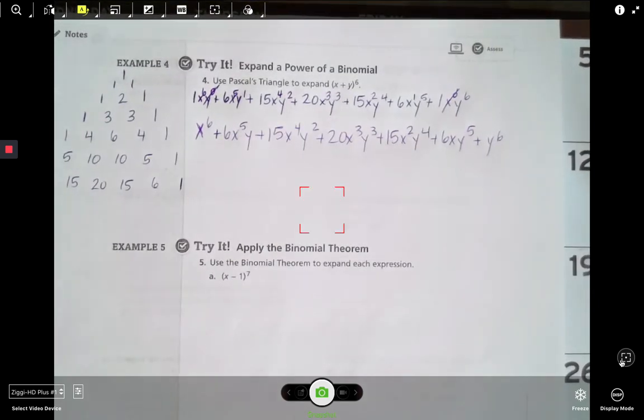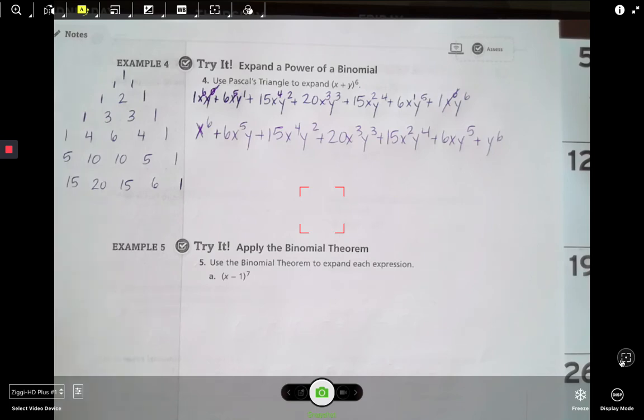So had we taken our time and actually distributed everything, it would have been a little more complicated, right? Instead, we were able to do it using 2 lines there. Alright, now they want us to use the binomial theorem, or Pascal's triangle, to expand these next 2 examples, and then we'll be finished.